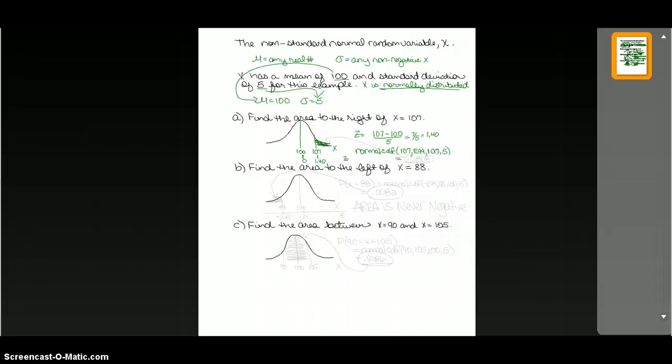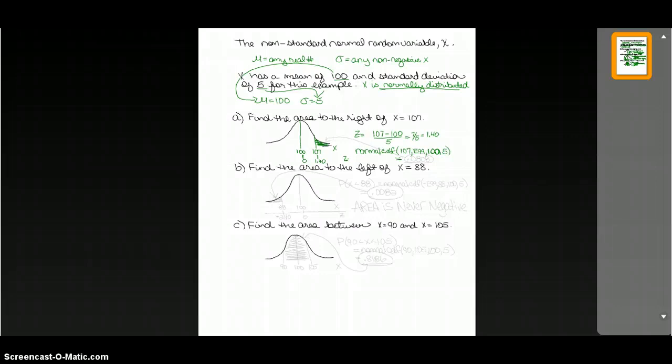I will now type these values in, and I get, what did I get? What did I do? That doesn't seem right. Oh, I'm sorry. I have a mistake, no wonder. This mean is 100, not 107.